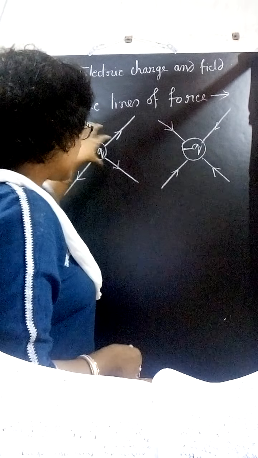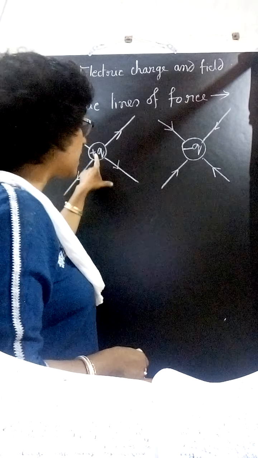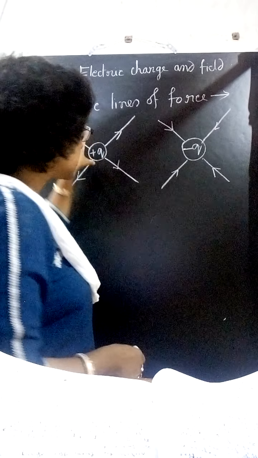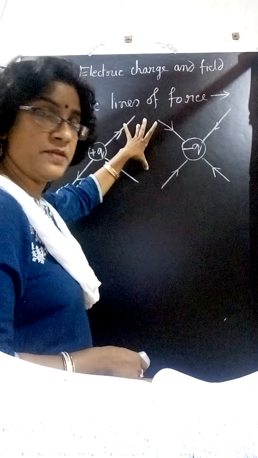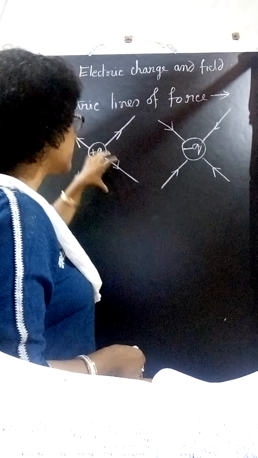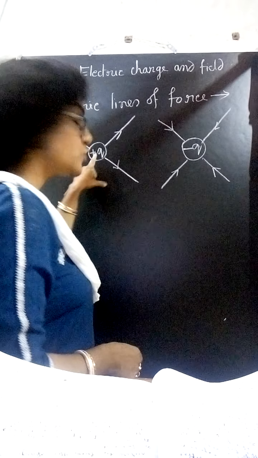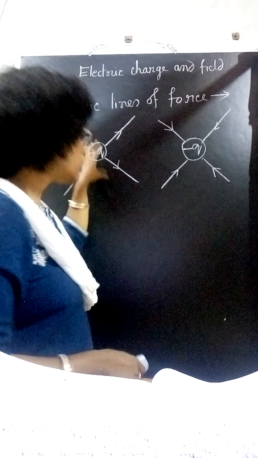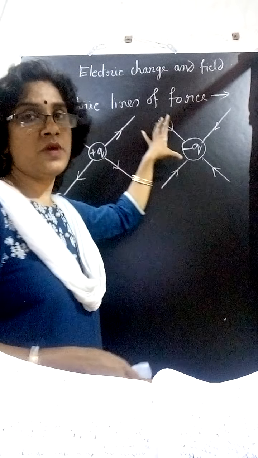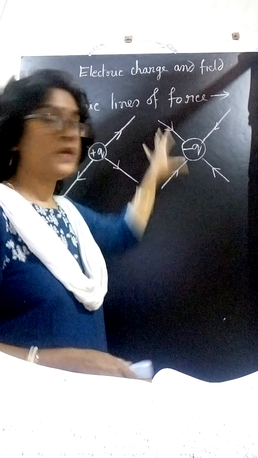You see, the lines just close to the plus Q charge are denser compared to the far away place. So the electric field just close to plus Q charge is stronger compared to the far away position.